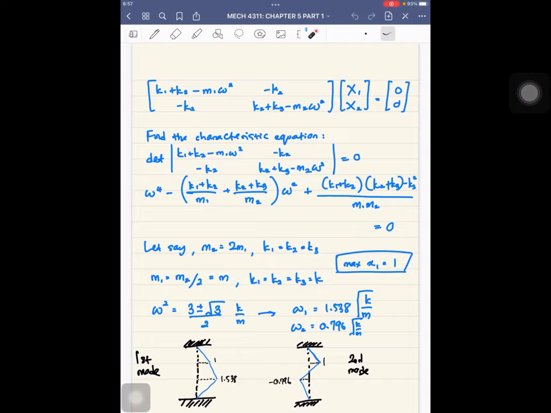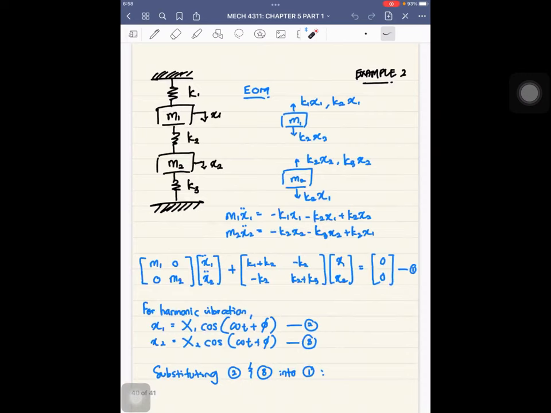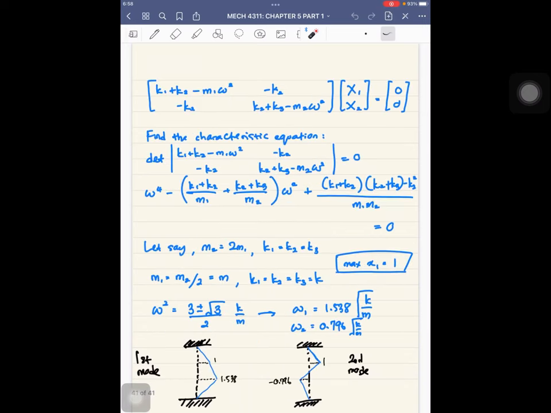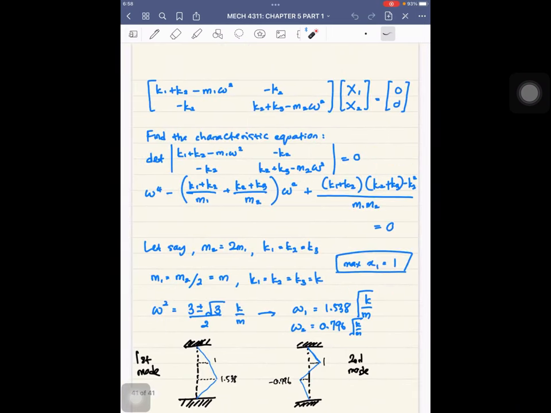Now the first mode, again, we can start from anywhere, from the top here or from the bottom. Basically both are fixed, so there's no reference point for where you should start from 0.